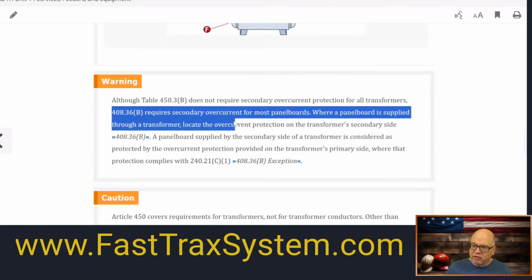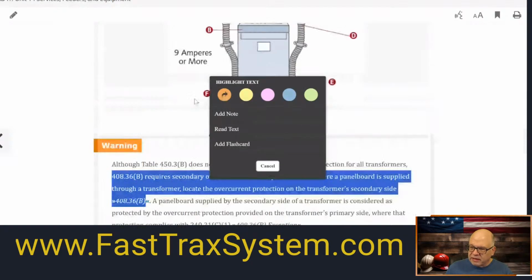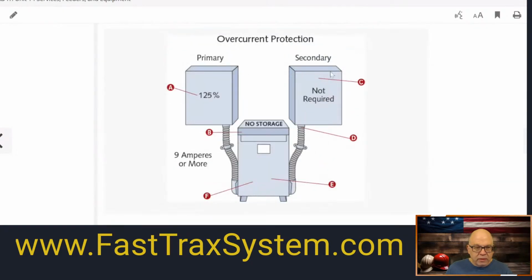So where the panelboard is supplied through a transformer, locate the overcurrent protection on the transformer secondary side. Typically, that's going to be in a main breaker, right? That's typically what you're going to feed into, okay? So just keep that in mind, even in this scenario.